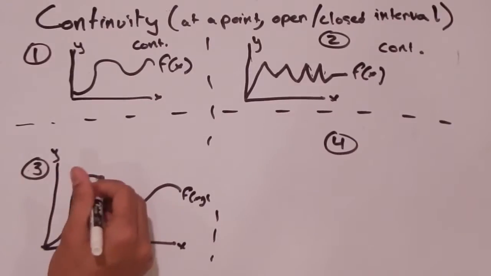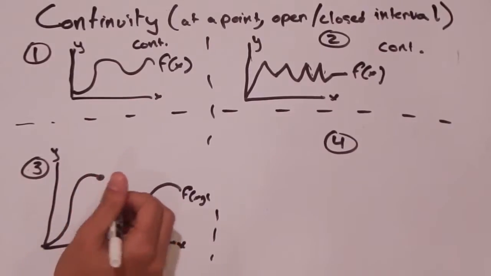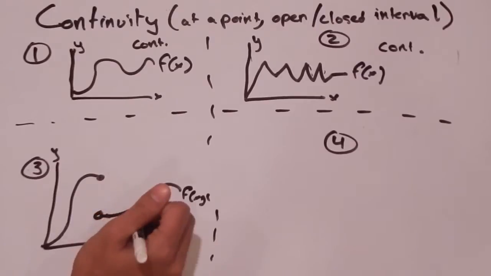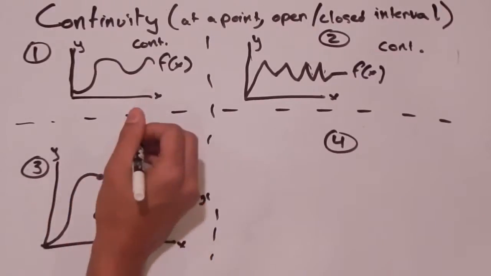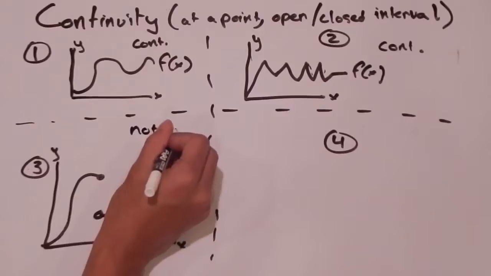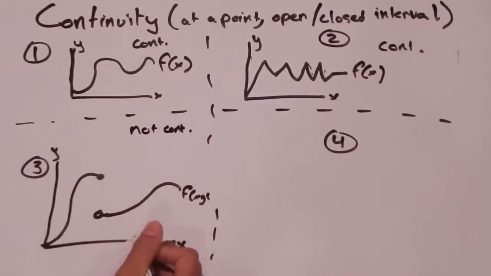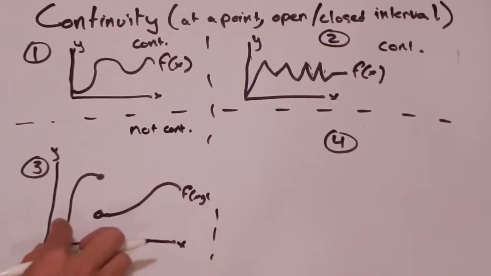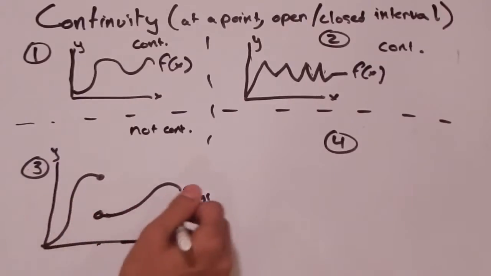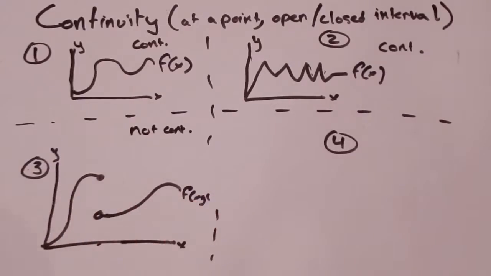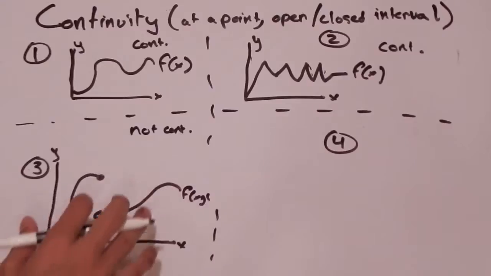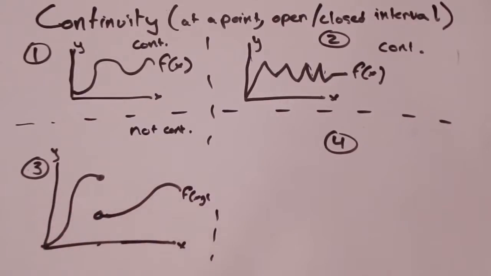But then suddenly at this point, there's an interruption in the graph. So the function here is not continuous. So this overall function I've drawn, we wouldn't call it continuous. We would say it's not continuous. It might be continuous on some interval, right? From here to here, here to here. And we can talk about that. But as a whole, in this picture, the function is not continuous everywhere.